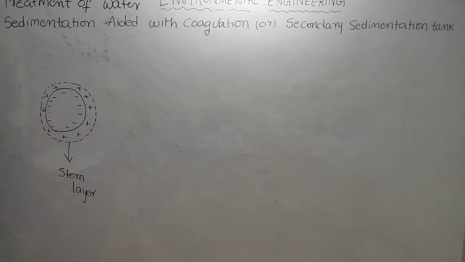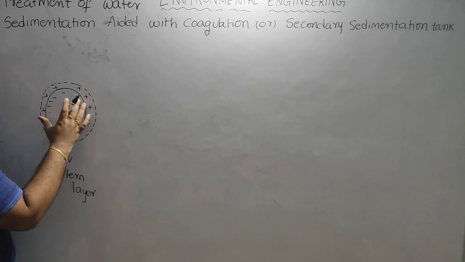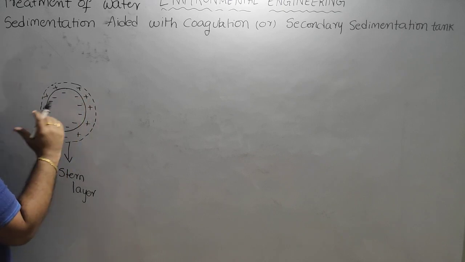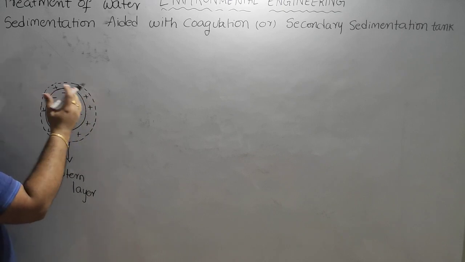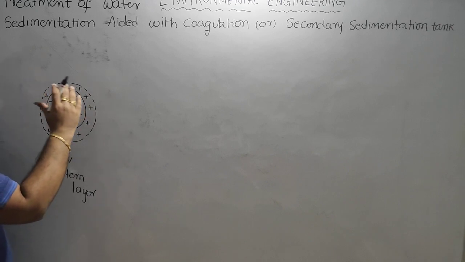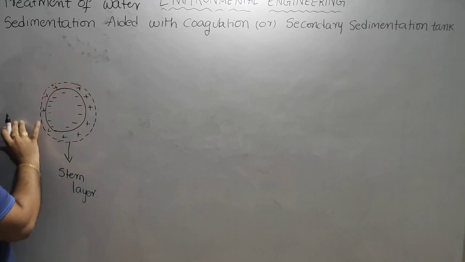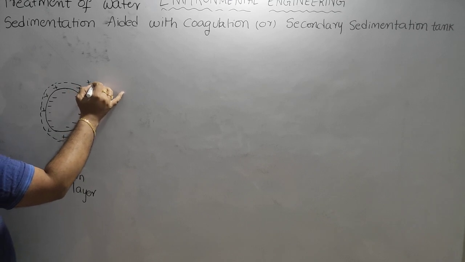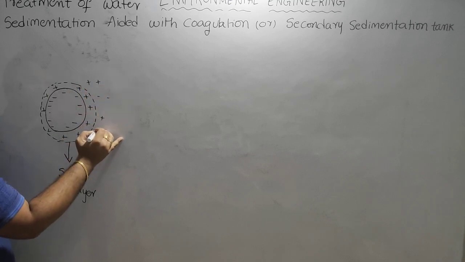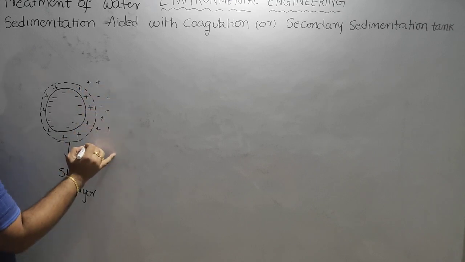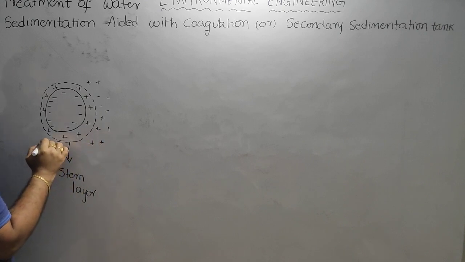If there is any surplus charge, either surplus of negative charge or surplus of positive charge, that surplus charge will take the outer layer, the diffused layer. Whatever surplus charge is present will take this position.